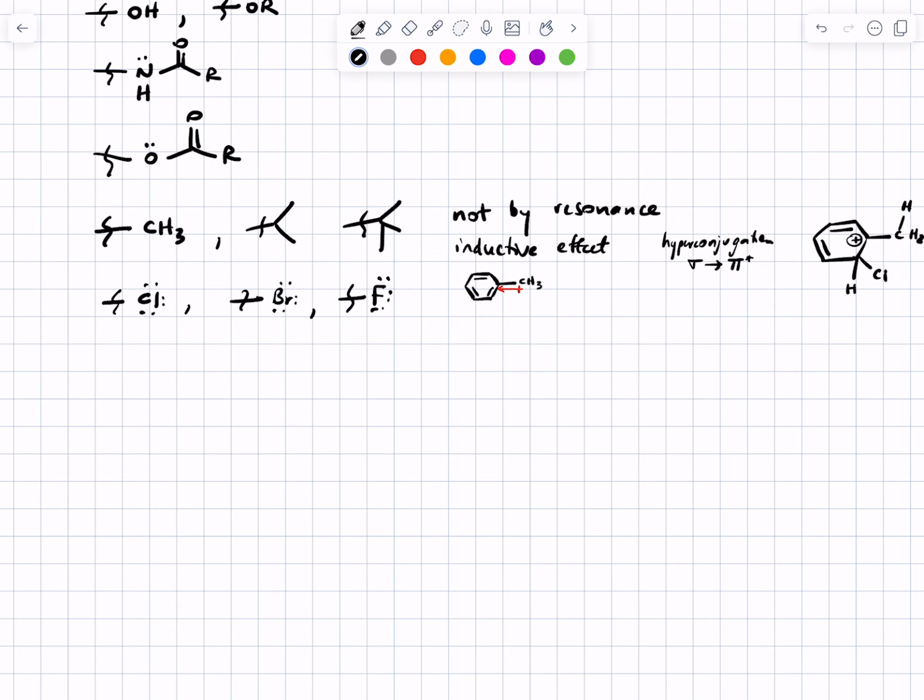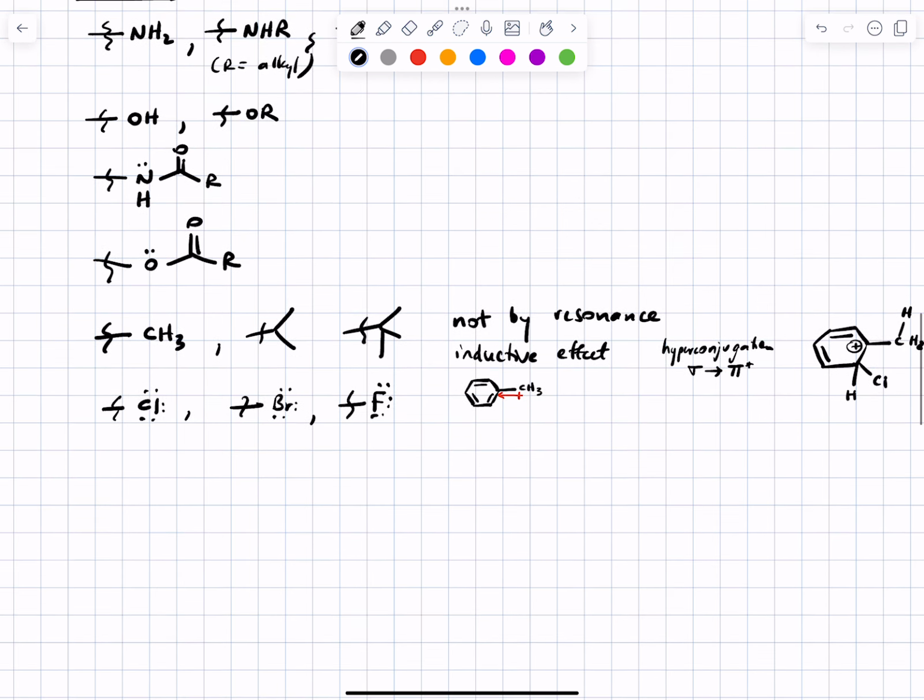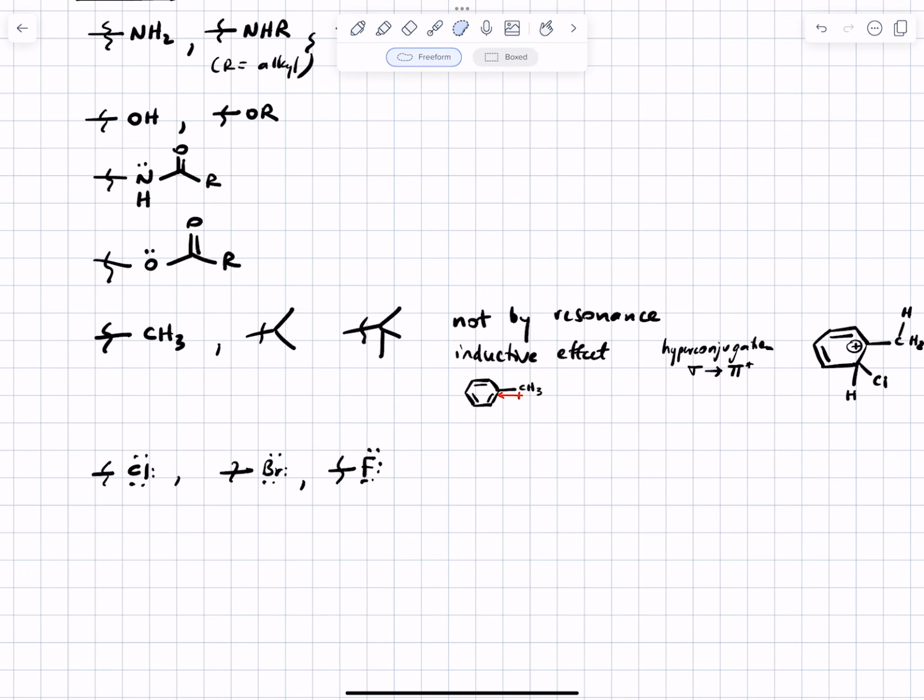And so they can stabilize the positively charged intermediate, okay? These count as electron donating groups as far as regioselectivity is concerned. They are electron donating groups by resonance, and they are ortho and para directors accordingly.